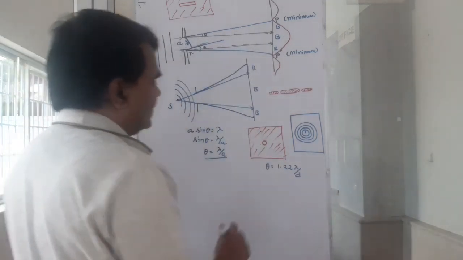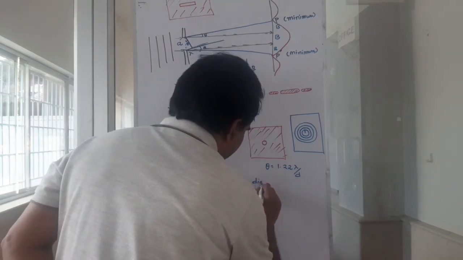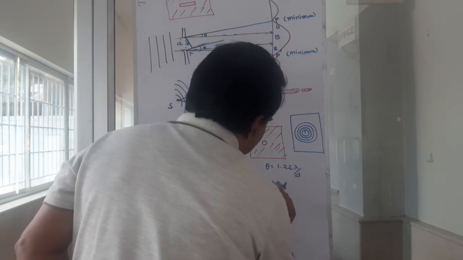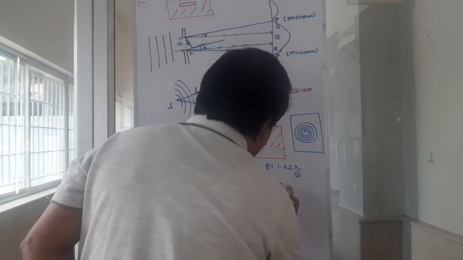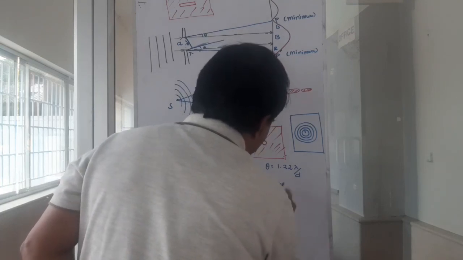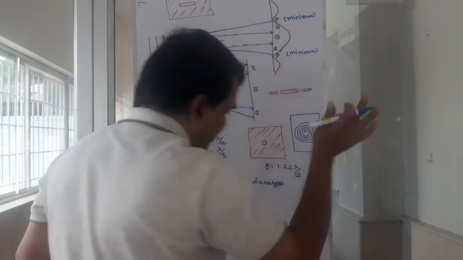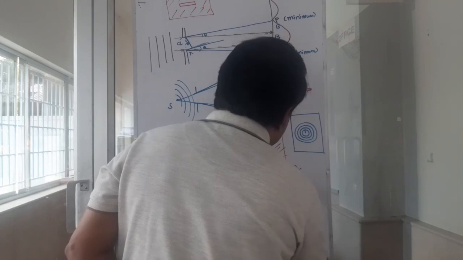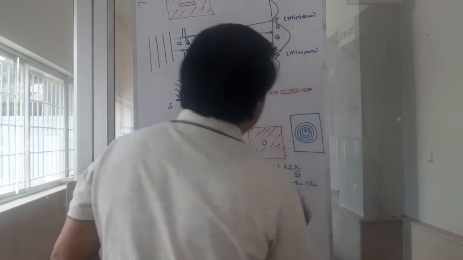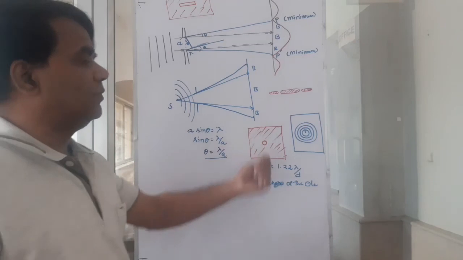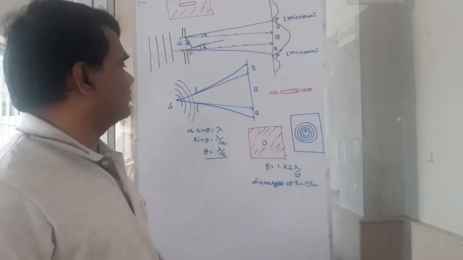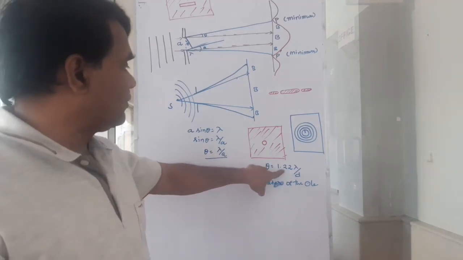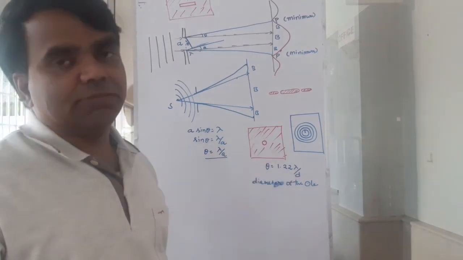Now d is the diameter of the circle, the circular aperture. That's what you get. Okay. So theta is 1.22 lambda by d.